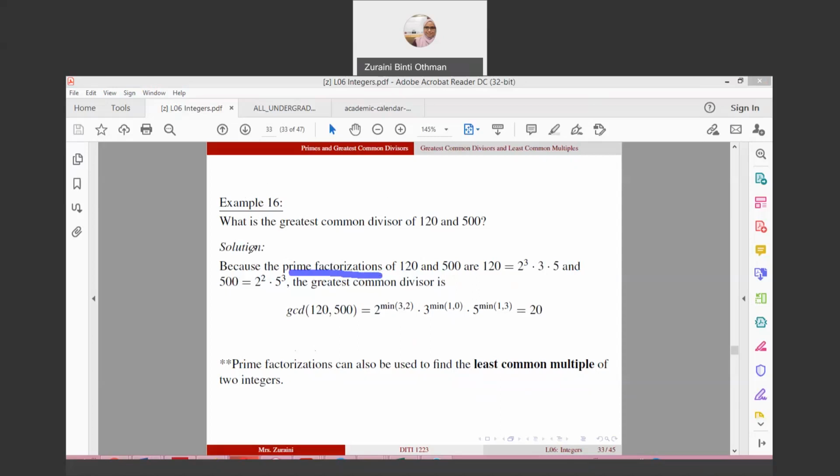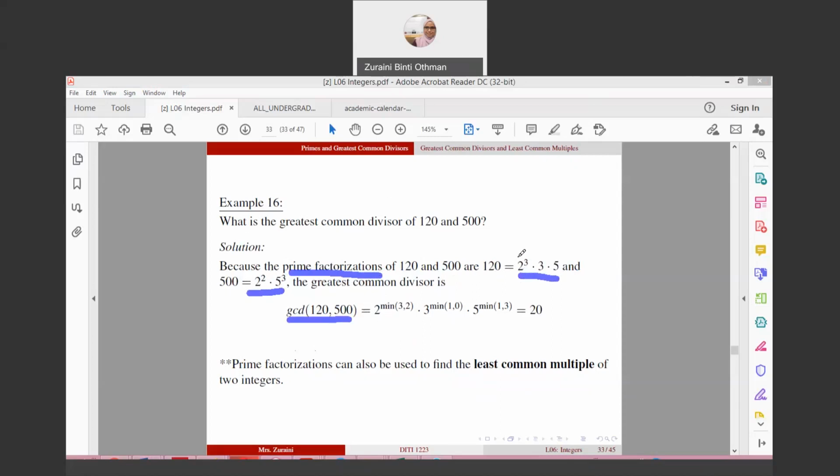Tengok balik contoh sebelum ni. Okay, so kita tahu prime factorization untuk 120 ialah 2 kuasa 3, 3 kuasa 1 dan 5 kuasa 1. Dan here 500 ialah 2 kuasa 2 dan 5 kuasa 3. Dia punya prime factorization.